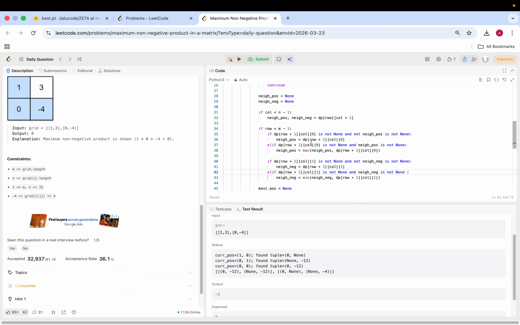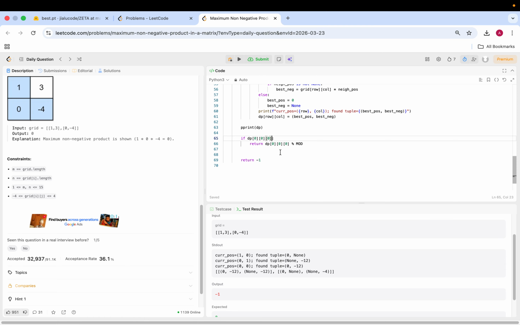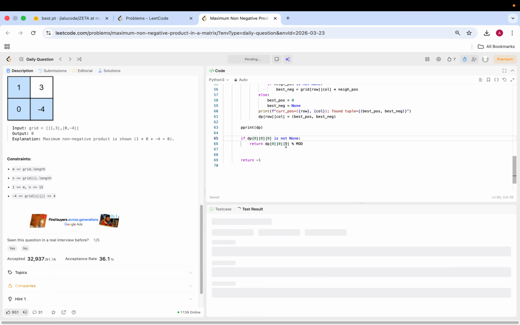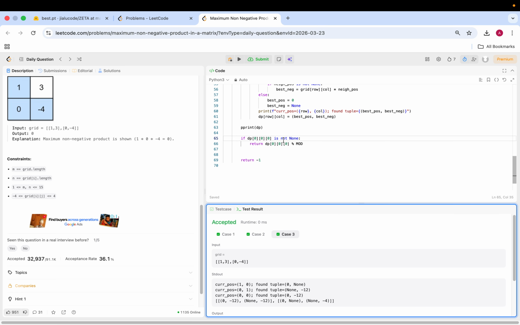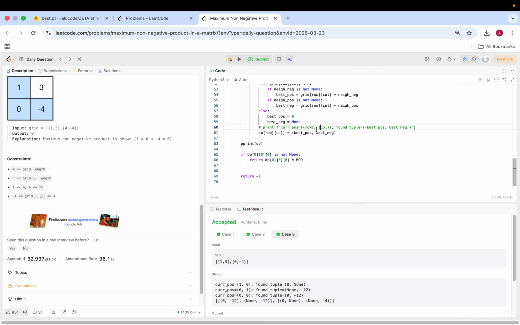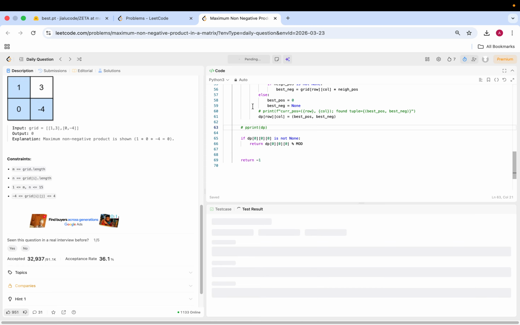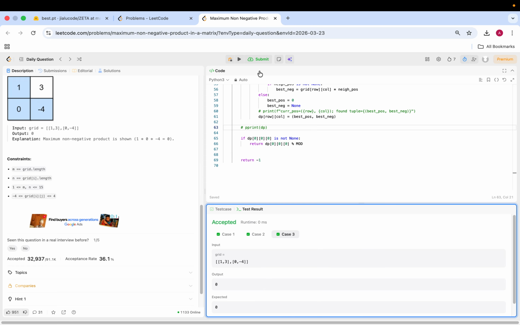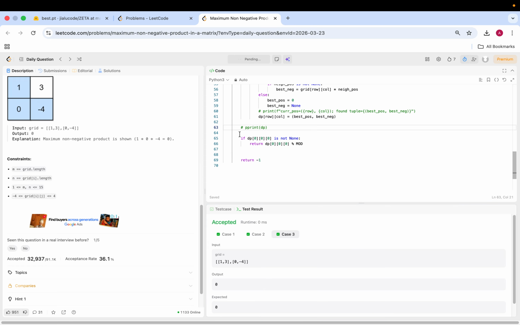Okay, now I'm a bit more confused. Wait, what? It gave 0. Oh, probably the same thing. Alright, I think it works, but I'm not really sure. I don't have 100% proof in my mind, but I will submit. We'll see.